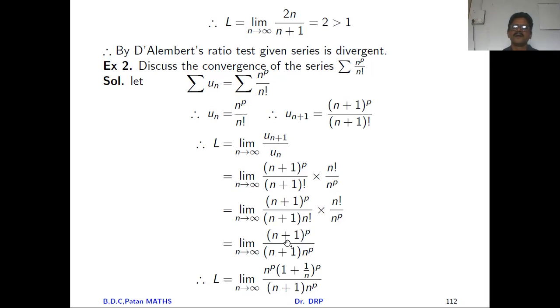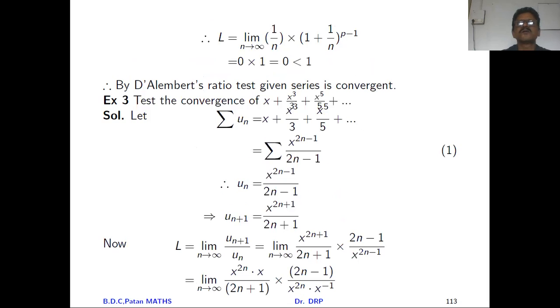No, here n raised to p is taken as common from this bracket. So n is taken as common from this bracket, and there you will get n raised to p. And what is left here? 1 plus 1 upon n, bracket raised to p, divided by n plus 1 into n raised to p. Further, this n raised to p gets cancelled. And there you will get the required limit to be like this: limit n tends to infinity of 1 upon n into 1 plus 1 upon n raised to p minus 1.